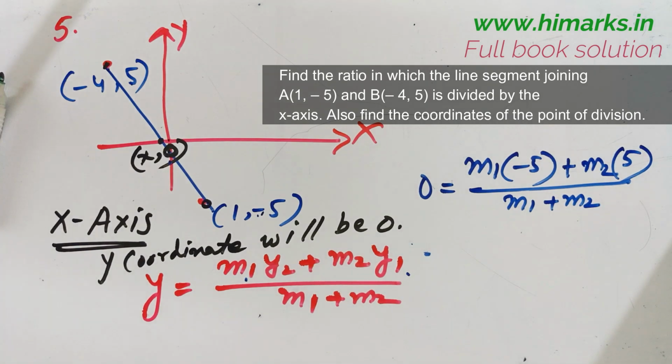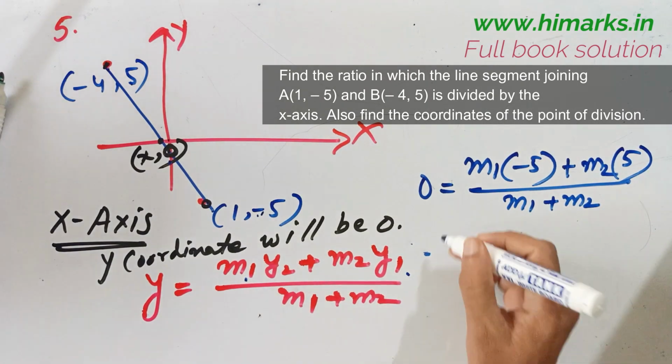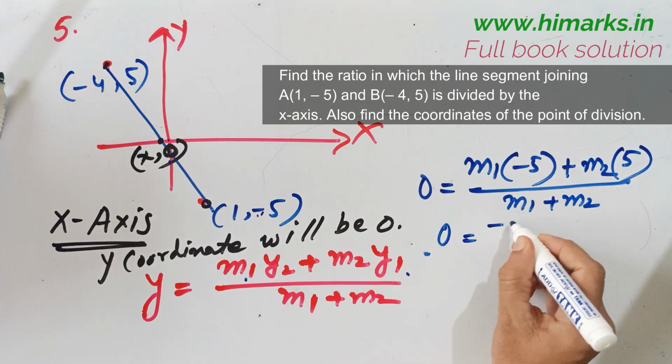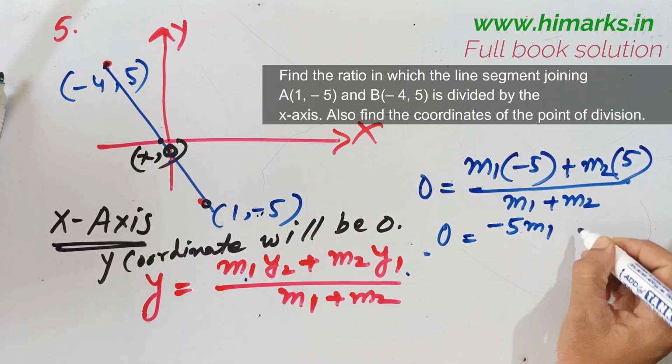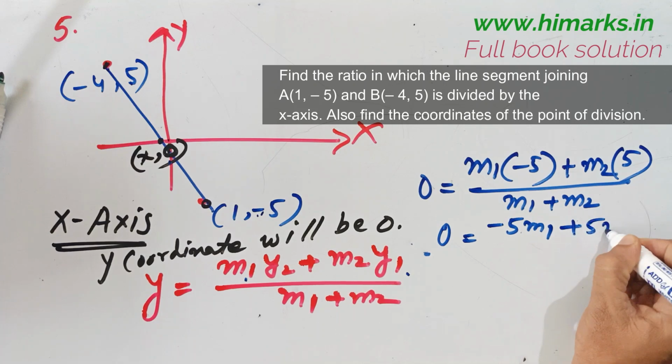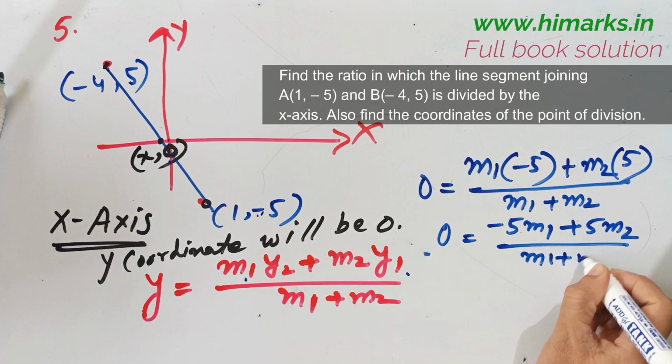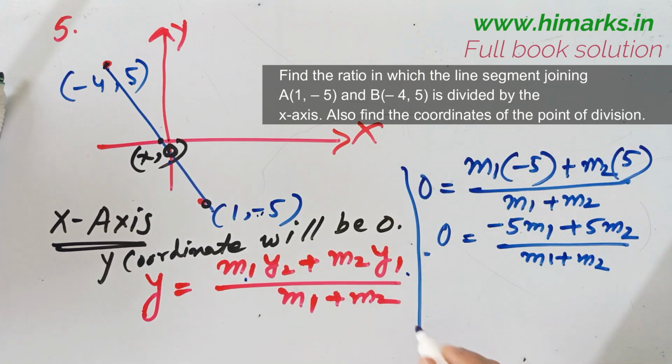So that means this part became 0, and here minus 5 m1 plus 5 m2 divided by m1 plus m2.